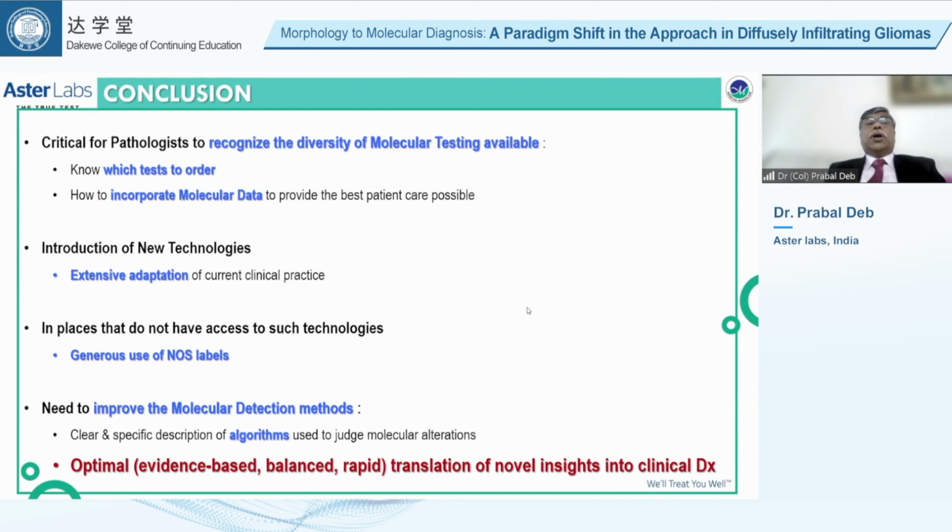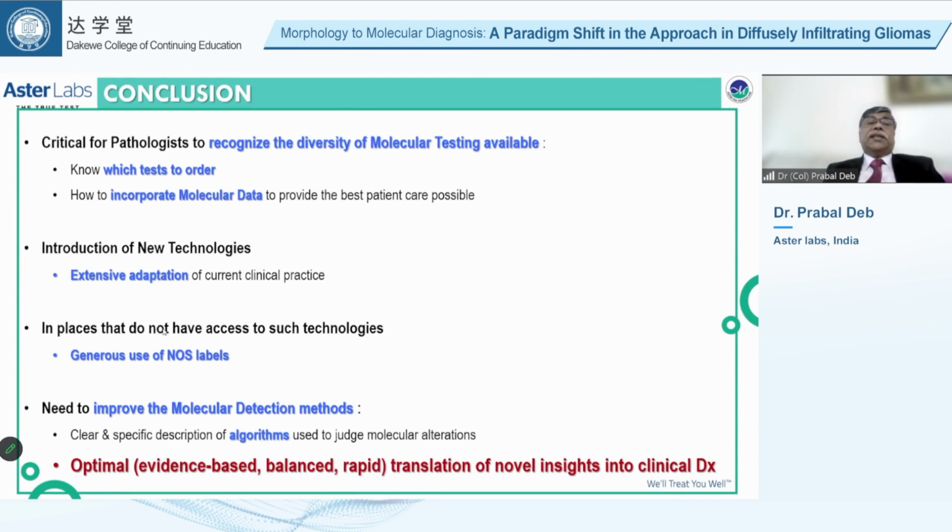So to conclude, it is critical for pathologists to recognize the diversity of molecular testing available, know which test to order, when to order, how much workup should be done, and which are the cases where molecular data would be helpful to the patient. That is a very important decision to be taken by the reporting histopathologist.